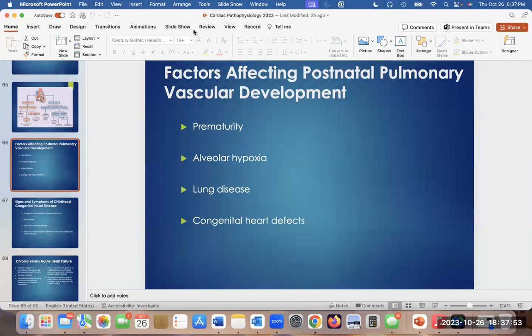So there are things that might happen after they're born or during that whole process of them developing in the mother's womb that can cause them to have issues. And these are just examples that can affect the pulmonary vascular development, because the lungs and the heart work together. That's why we have the lung issues when the heart fails to pump.